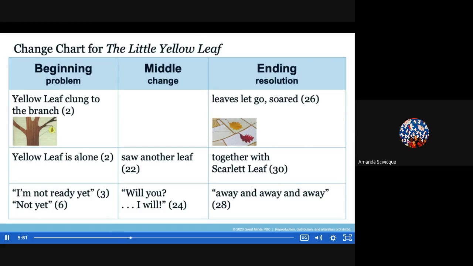Now, what do you notice about the words we examined at the end? What do they tell us about how the leaf was feeling? The leaves felt free, dancing and soaring in the wind together. Now point to the words that show the moment when the leaf changed.